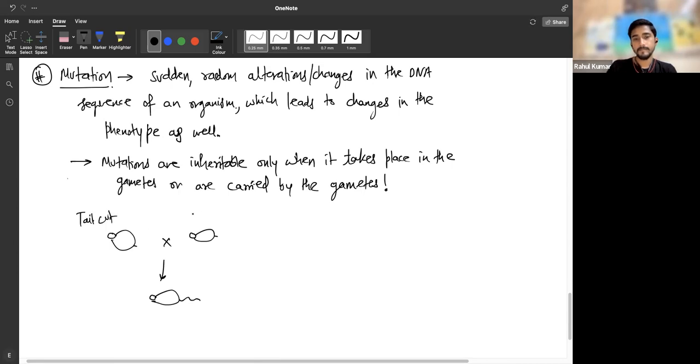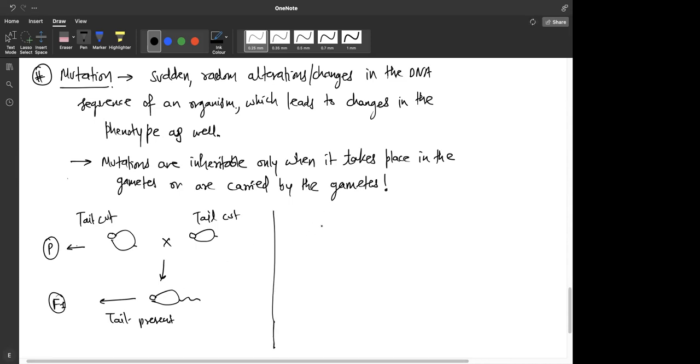Tail cut, tail cut, tail present, right? These are the parents. This is the F1. Is it clear, everyone?